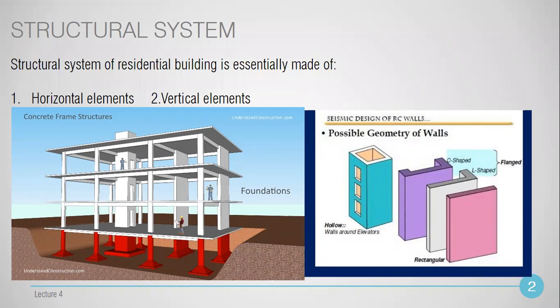So horizontal elements are slabs, horizontal slabs, beams connected to the tops of the columns, truss. Truss can span big dimensions between the columns.